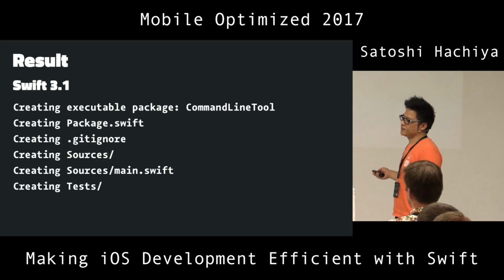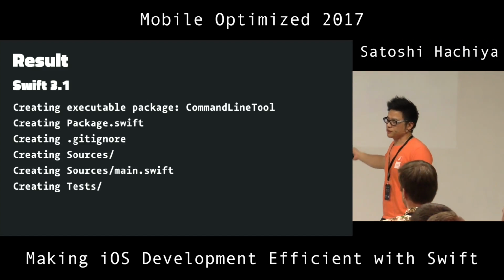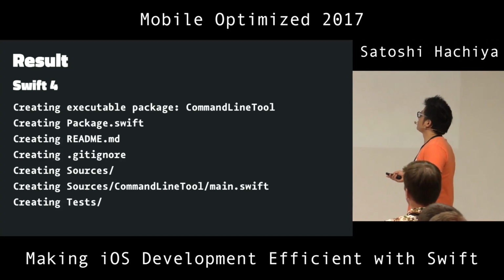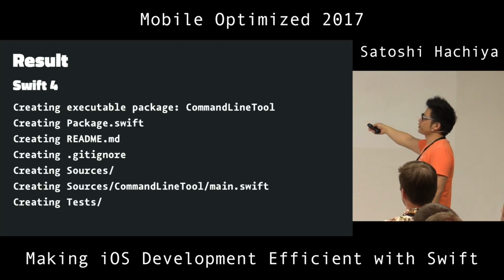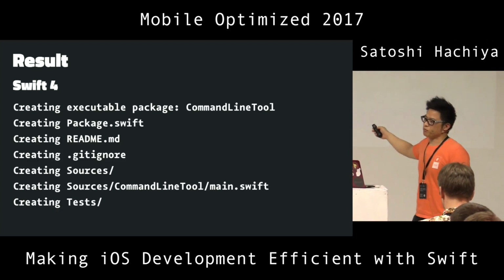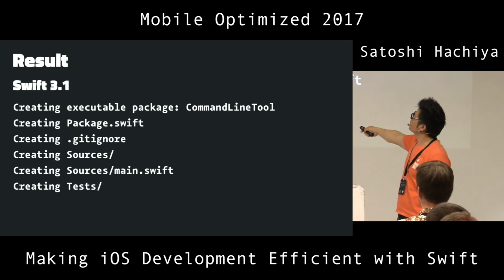The result using Swift 4 is different from Swift 3.1. This is Swift 4, and this is Swift 3.1. In Swift 3.1, README is not created.